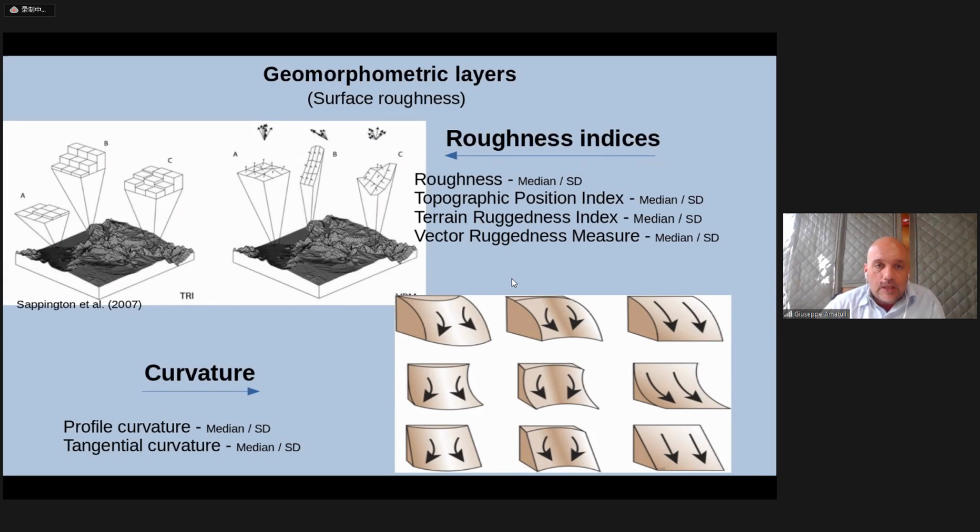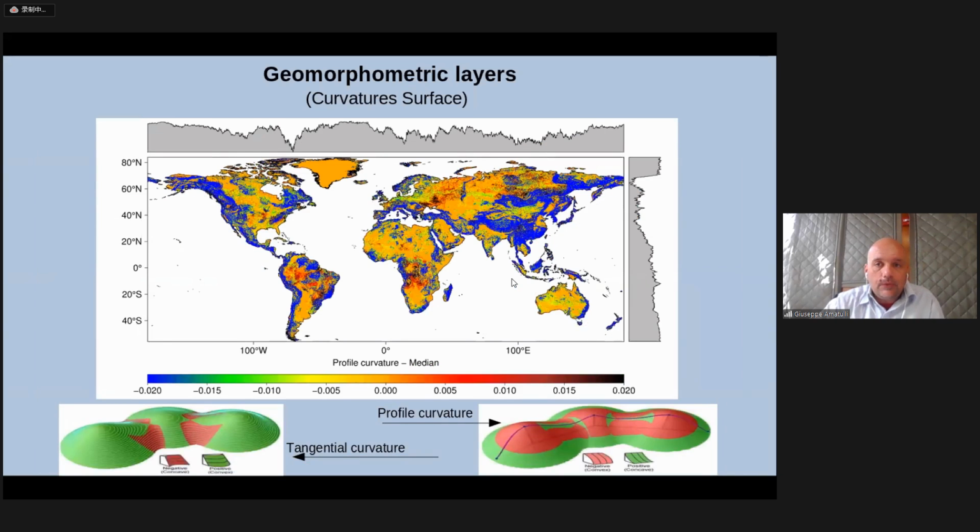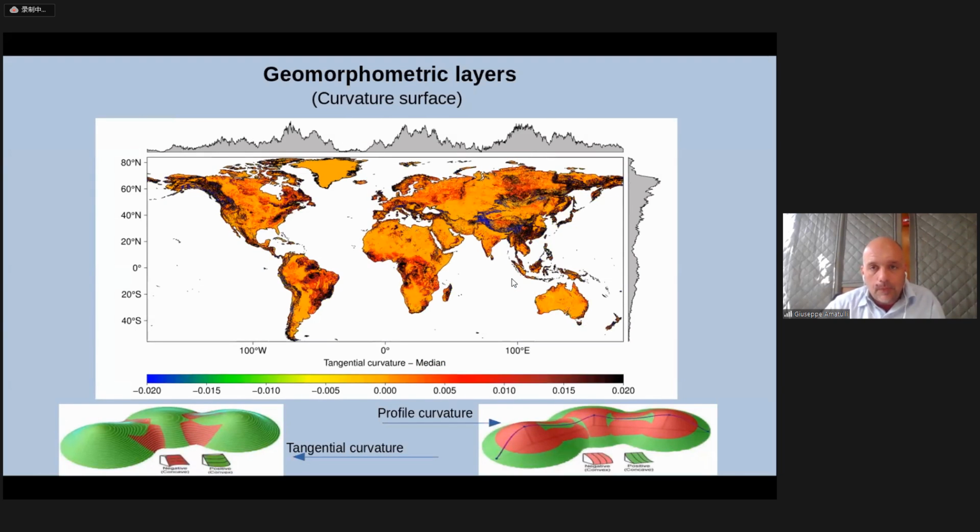You can see in the following slide that you can have different kinds of roughness, for example, or curvature in terms of profile curvature or tangential curvature. As I mentioned before, all these layers are really important for animal movement and for microclimate conditions, and can later be used as predictors in a machine learning environment.